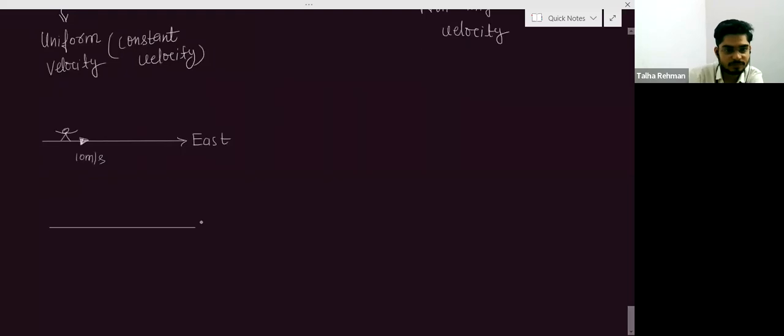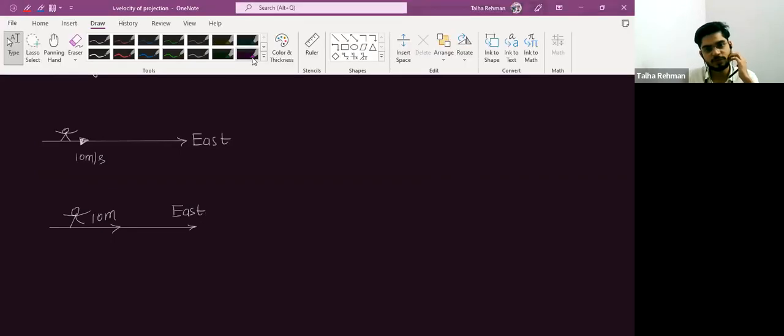Same person is moving 10 meter per second along east first. Then suddenly in his mind he decided that I have to go to some other direction. Suppose he wants to go now in south direction.